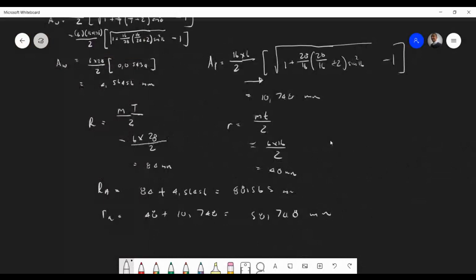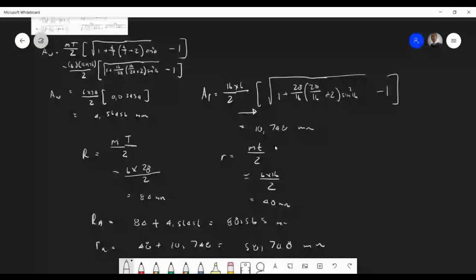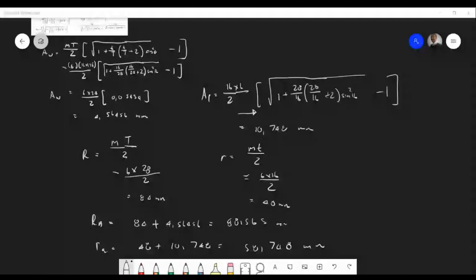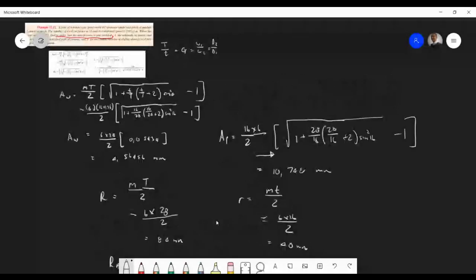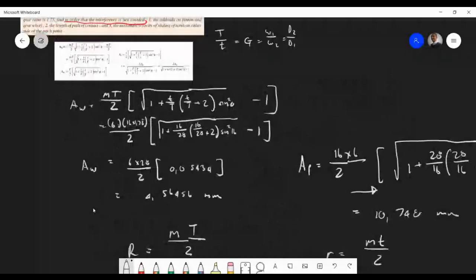I'm looking at example 12.12. Sir? Yes. I think where you made a mistake is that you put AW is equal to that, which is supposed to be the pinion, and AP is supposed to be the wheel. You just mixed that up, you just labeled it wrong, sir.